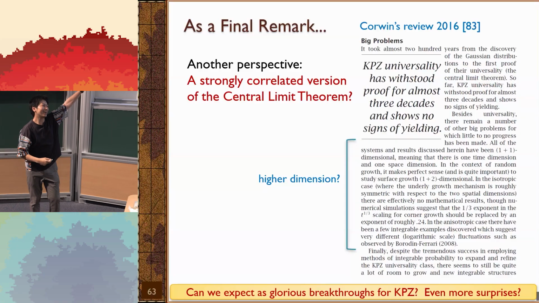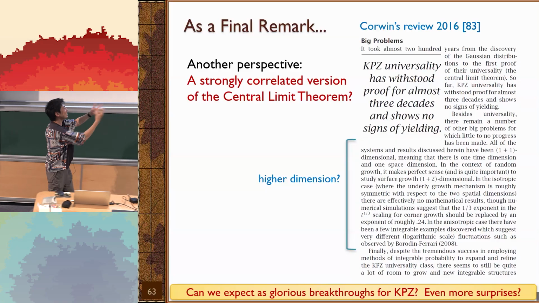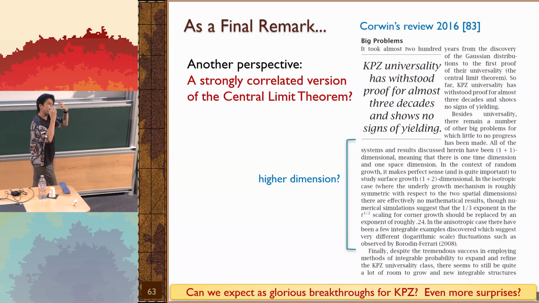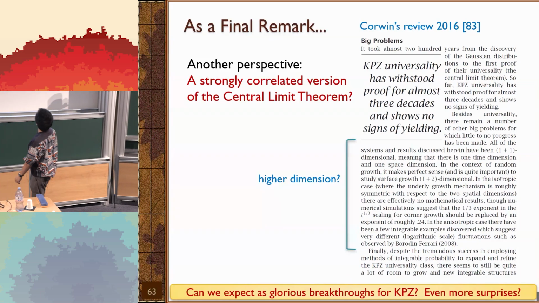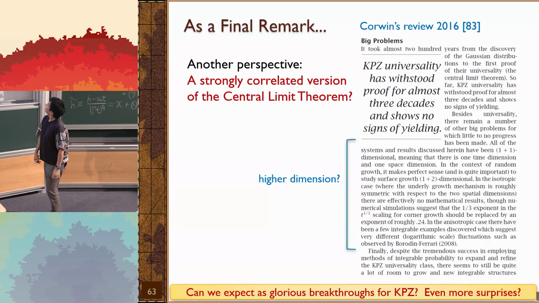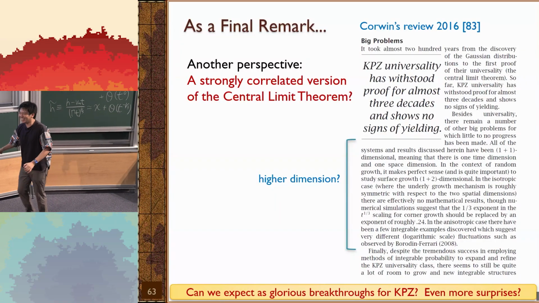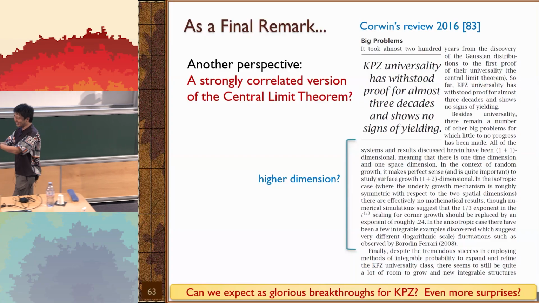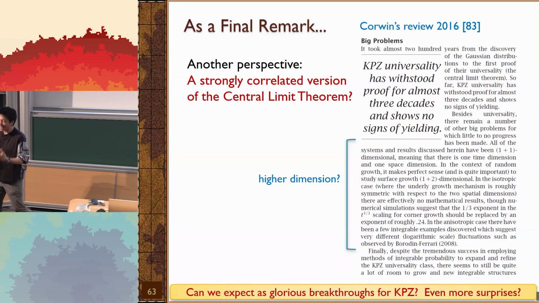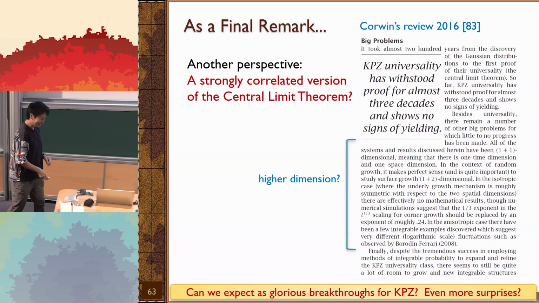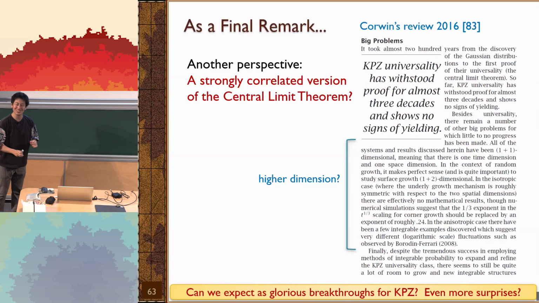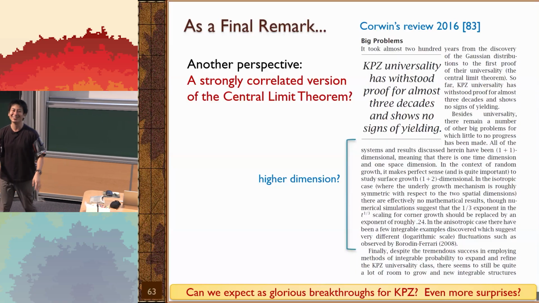So probably we are seeing some pieces of a possible central limit theorem for strongly correlated problems. I hope it doesn't take 200 years, but I hope we can get something as meaningful and as fruitful as the central limit theorem. With this, I'd like to end my lecture, and I'd like to thank everybody. Thank you very much.